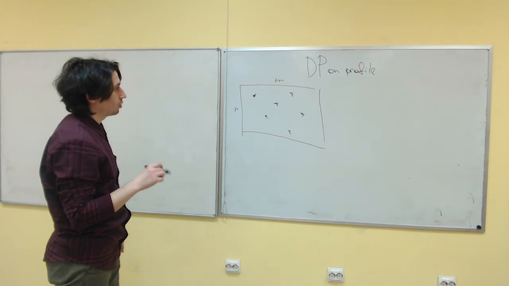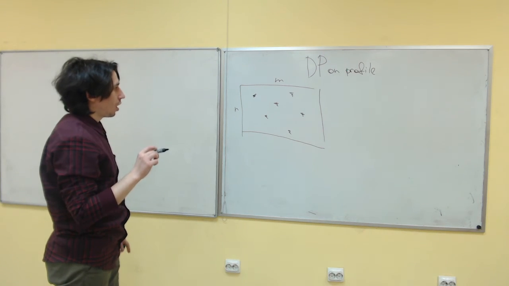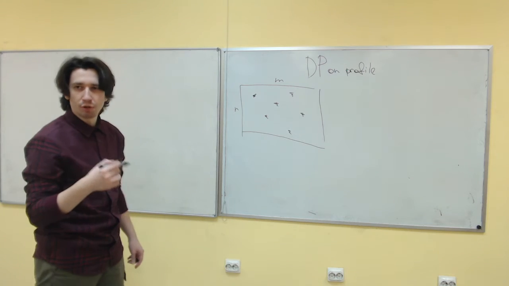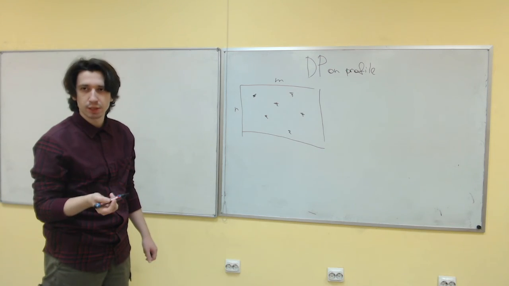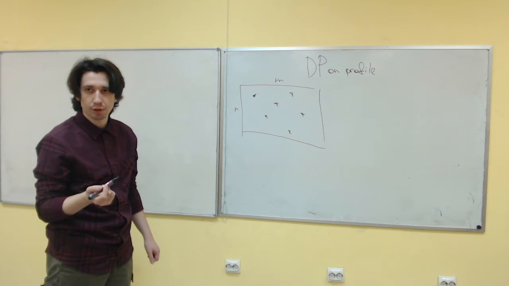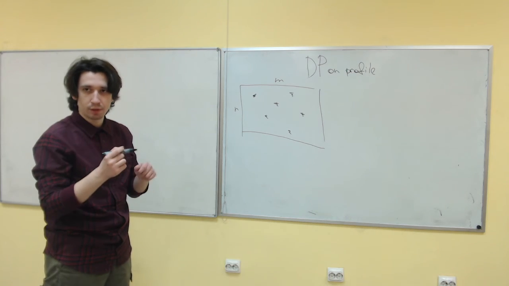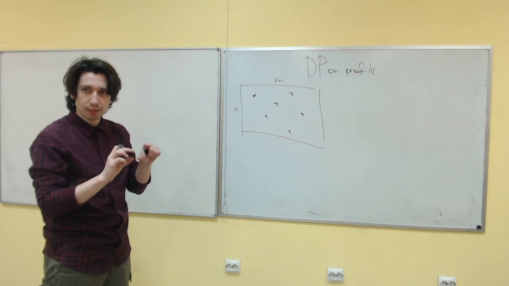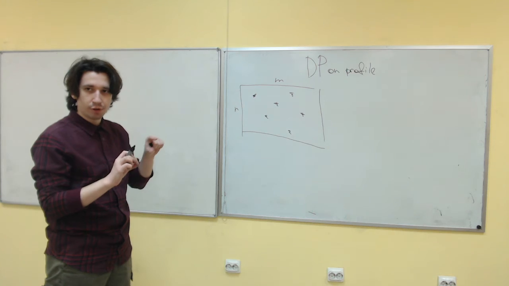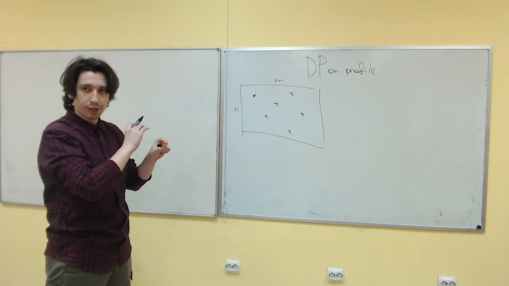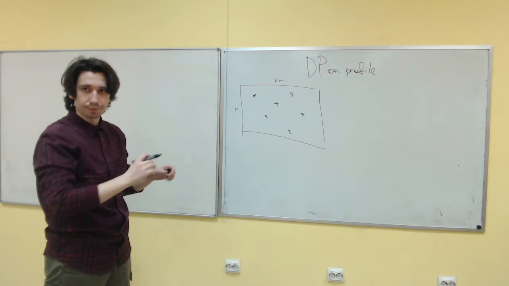And we want to calculate the maximal number of rooks we can put on this table in order that they don't beat each other. So the rook is from the chess set, the figure that beats horizontally and vertically.